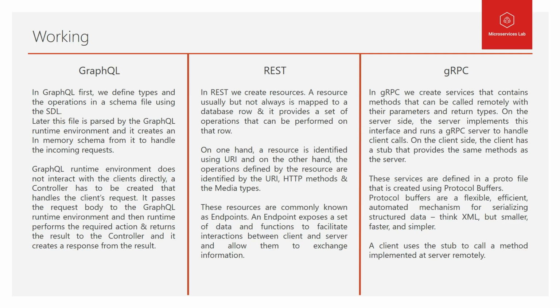It will validate the exact operation in the request, in order to see if it exists in the schema file or not. If it exists, then the GraphQL runtime environment will perform the required action and return the result to the controller. Then further, the controller will wrap this result into a response and send it back to the client. So this is how GraphQL works.